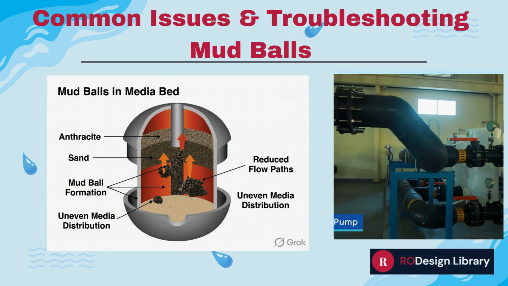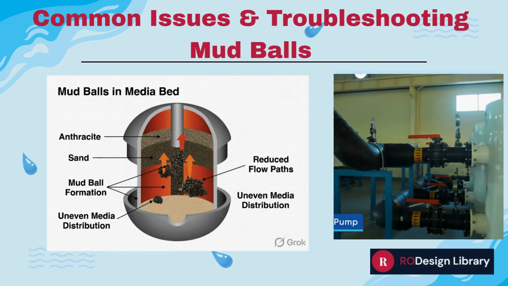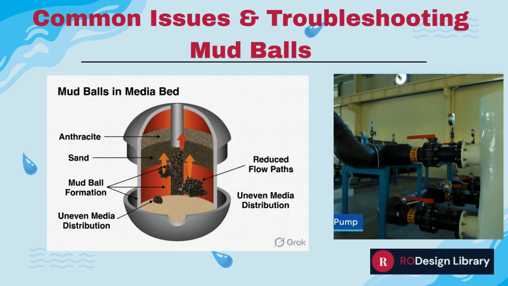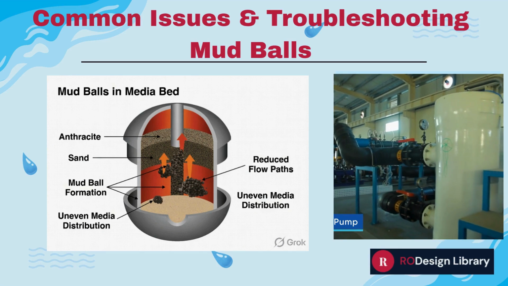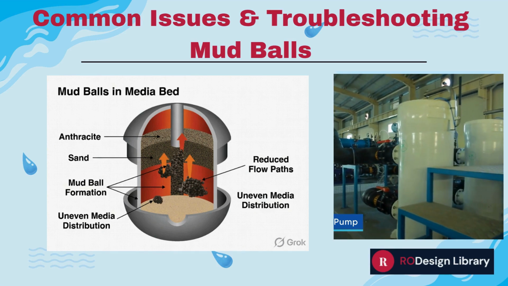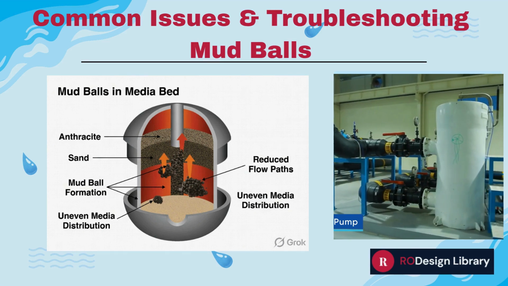These hard deposits reduce filtration efficiency, increase pressure drop, and create uneven flow through the filter bed. To avoid mud ball formation, perform effective air and water backwashing regularly, and replace severely fouled media if necessary.